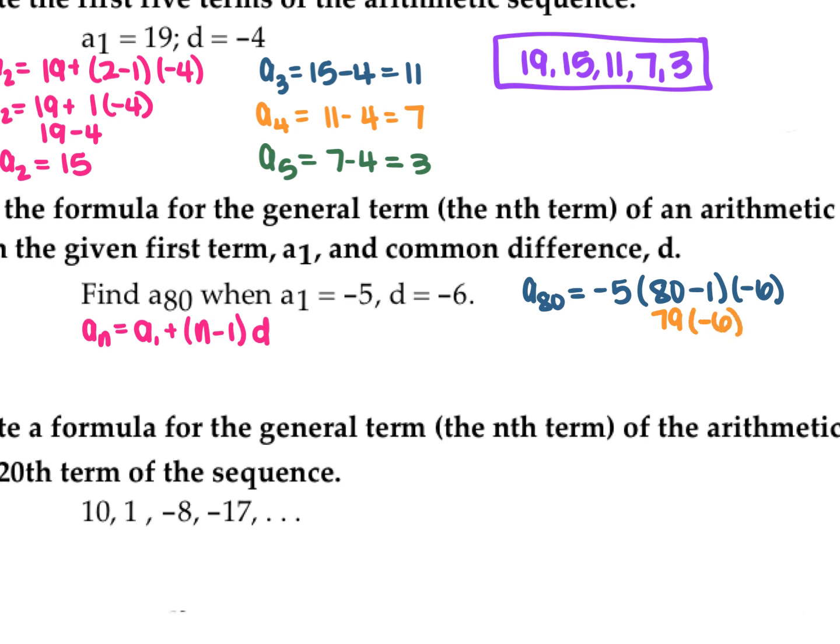This is -5 plus, sorry guys. So 79 times -6 is -474. So it's -5 plus -474, which gives you a sub 80 is equal to -479.